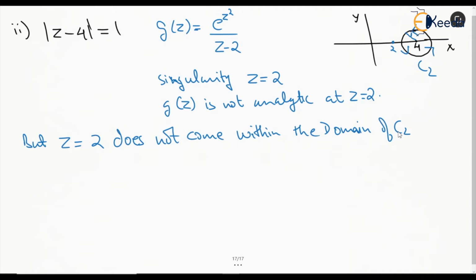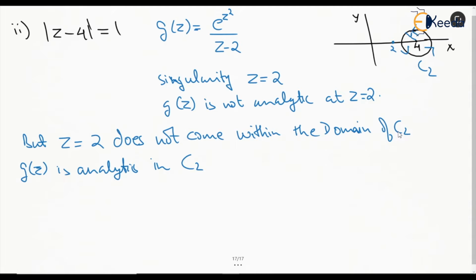So in that case, this g of z is analytic in C2. Yes, g of z has only one singularity, which is z equal to 2, but that is not in the domain we are discussing about.